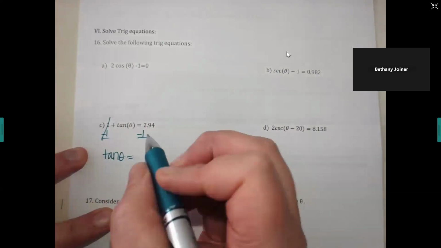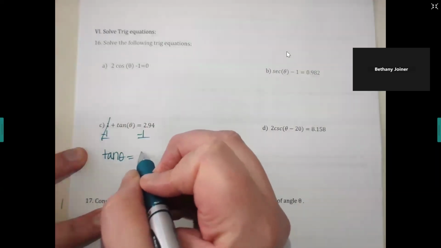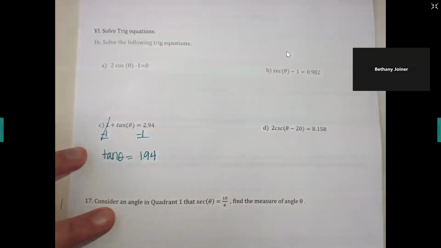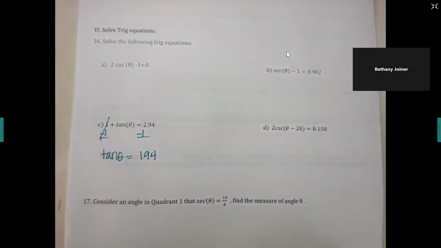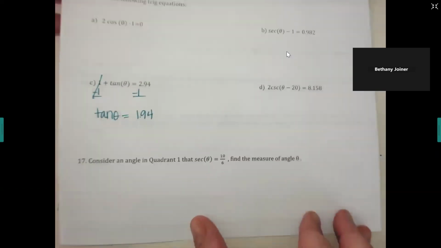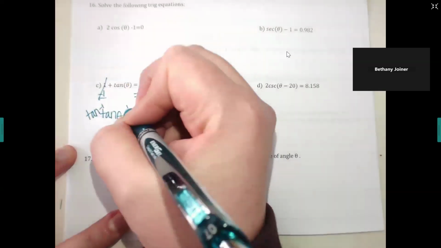What would that be? 1.94. Okay, then from here, I'm trying to solve for theta. How do I undo a tan? Tan -1, or second tan in your calculator.